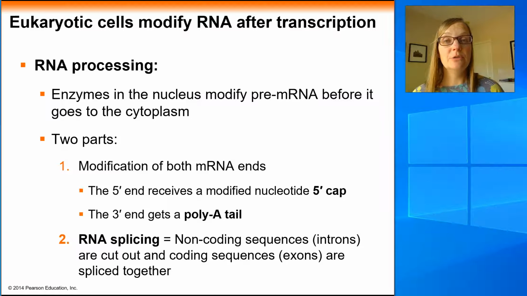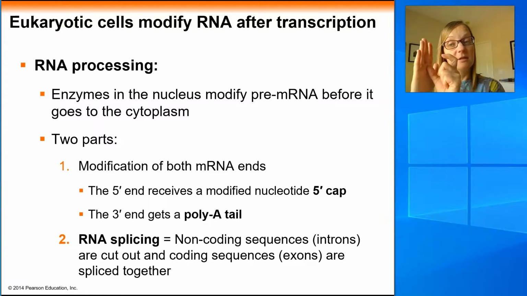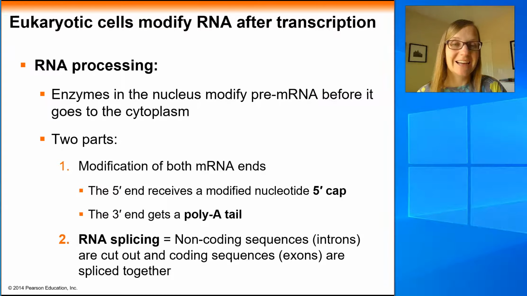So in eukaryotic genes, you don't have one solid gene that codes for protein. You've got a section of the DNA with chunks that code for protein with non-coding pieces interspersed in between. These non-coding sequences in the DNA are called introns, and the coding sequences that do code for protein are called exons.